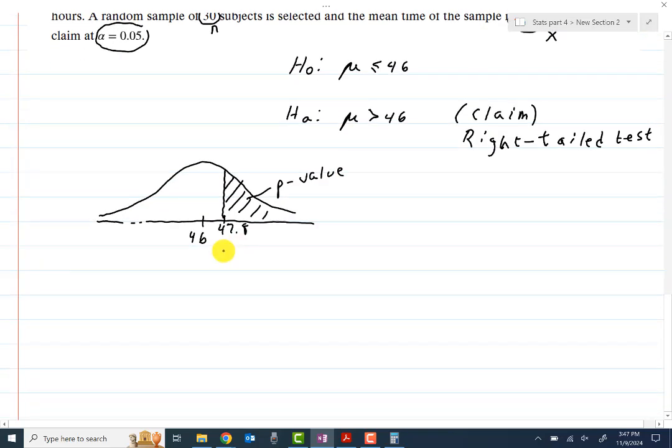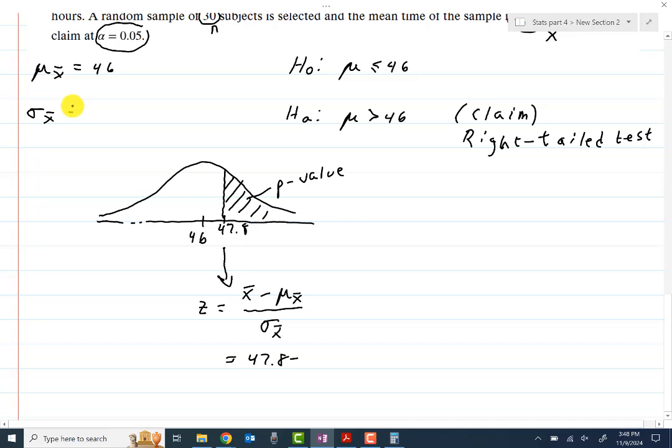Once again, z-score. Reminder that it's x bar minus mu sub x bar divided by sigma sub x bar. X bar is 47.8. Mu sub x bar is the same as mu, and we're going to put it at 46. And then sigma sub x bar is sigma divided by the square root of n. And where was sigma?